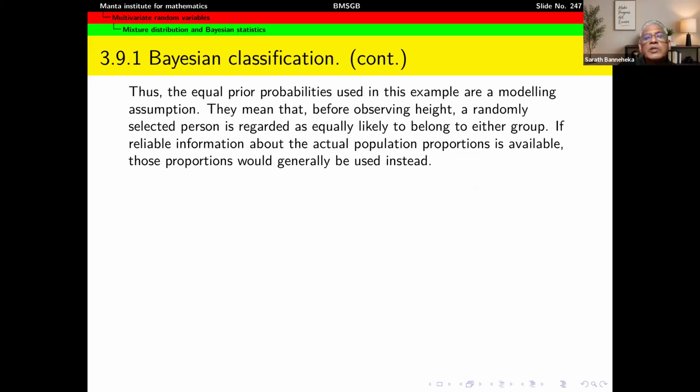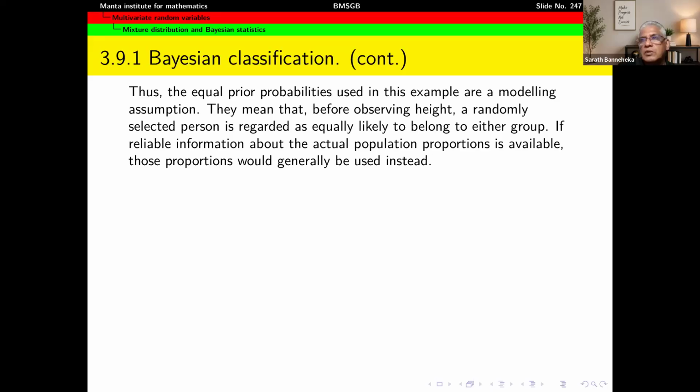Thus, the equal prior probabilities used in the example are a modeling assumption. So just an assumption. They mean that before observing the height, a randomly selected person is regarded as equally likely to be in either group. It has to be a reasonable assumption, of course. Otherwise, your answer is not going to be good.